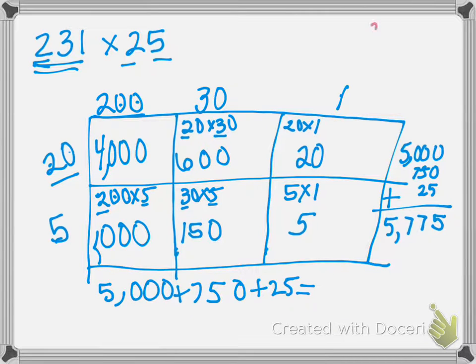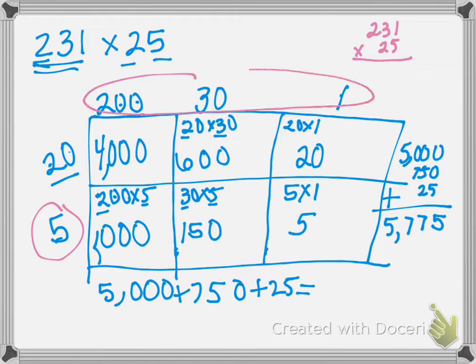I'm just going to scrunch it up here. Okay, so we'll start with our 5 times 231. So here's our 5 times 231, right? So let's go ahead and do that.